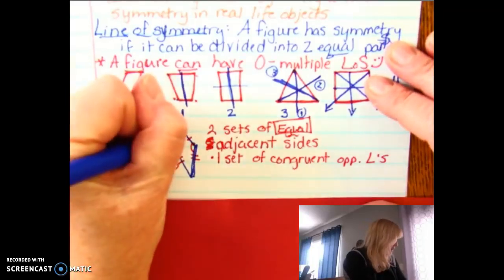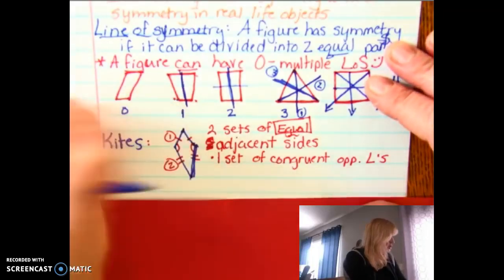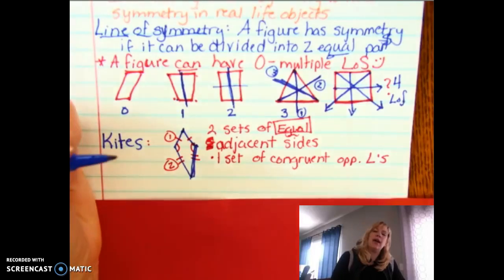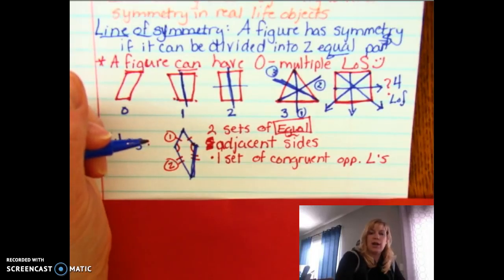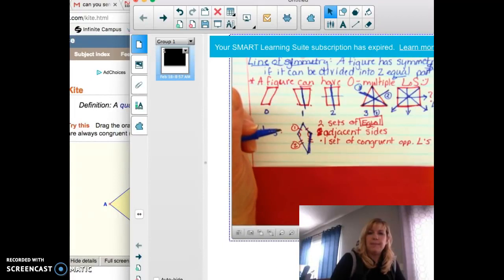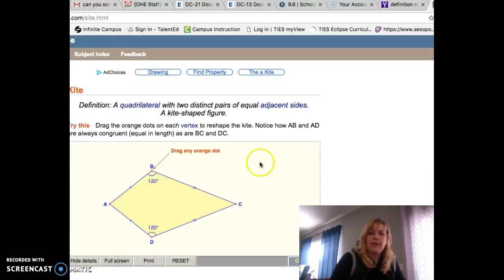I do want to take the time to introduce the term kite. I did see that a couple years ago on an MCA test, and I felt like students didn't know what that was. So I am going to take you off of this view for just a moment and put you on this page and introduce the kite.